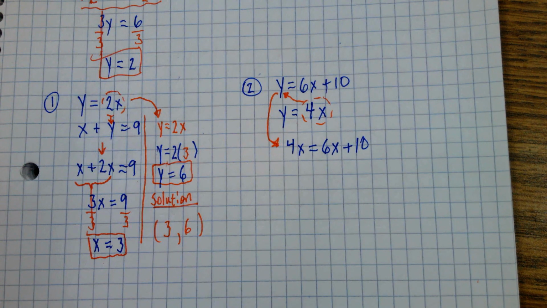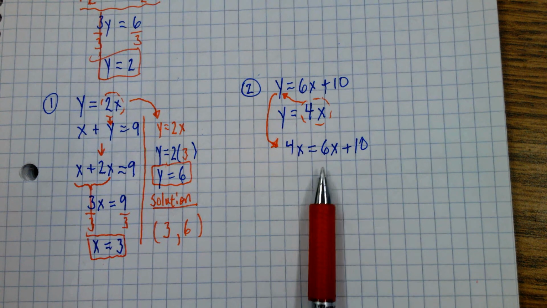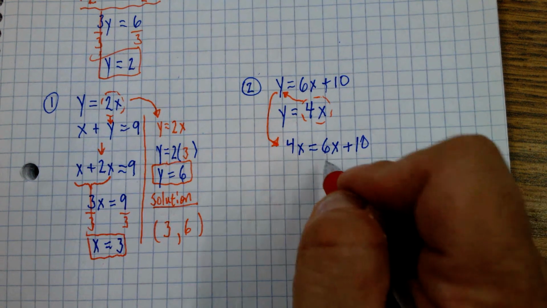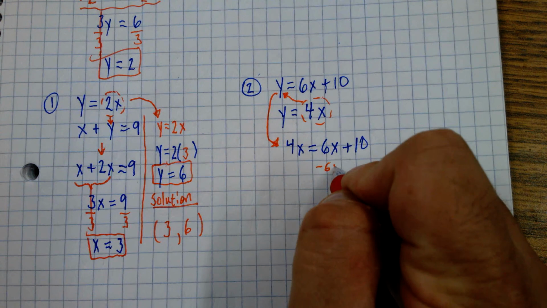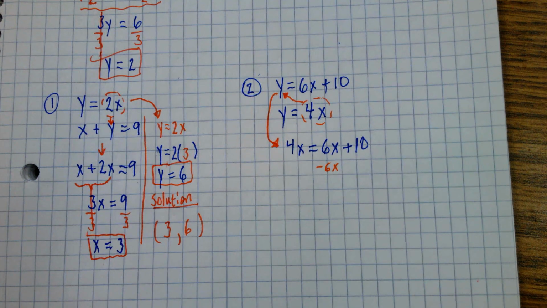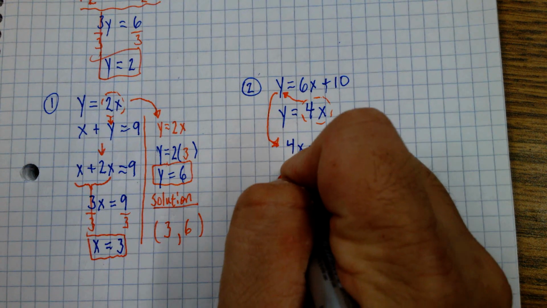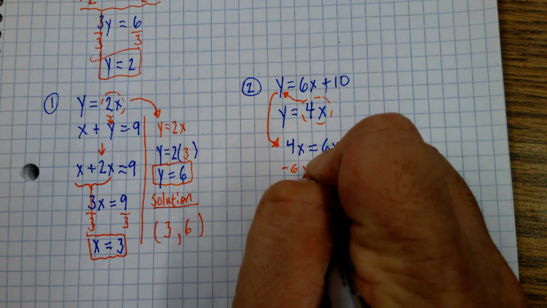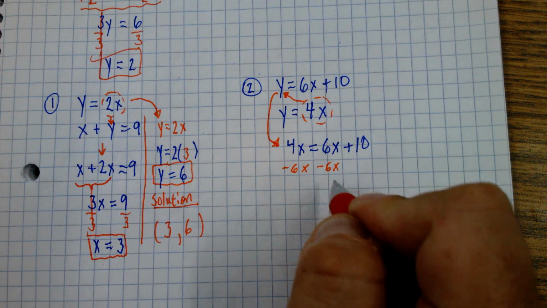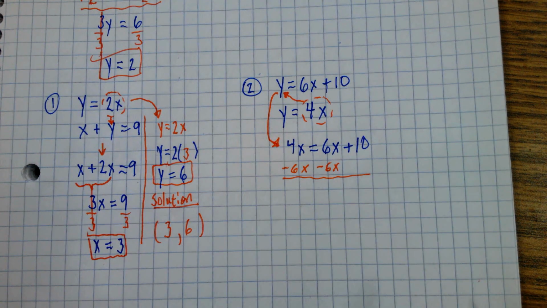Negative. There's a catch. I can put a negative 6x on the right side of the equation. But if I do that, I have to do that to the left side. So if I put negative 6x here, I've got to put negative 6x here. Okay? And let's see what happens.